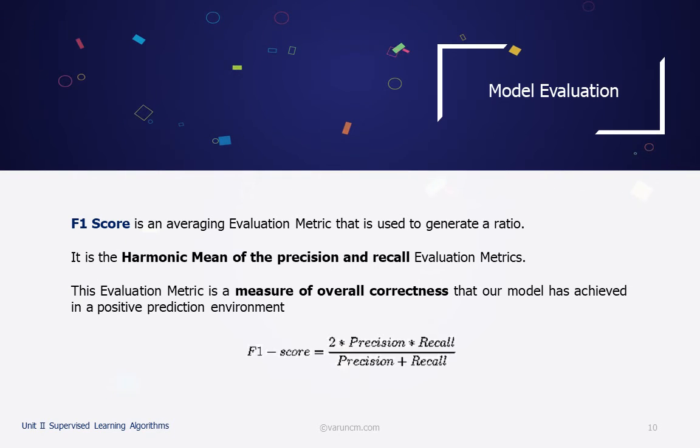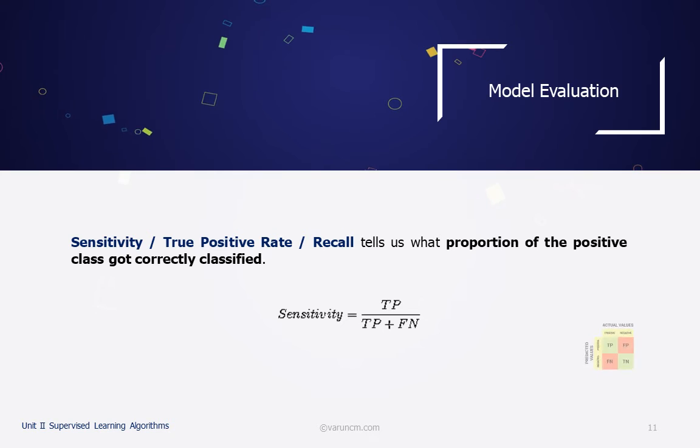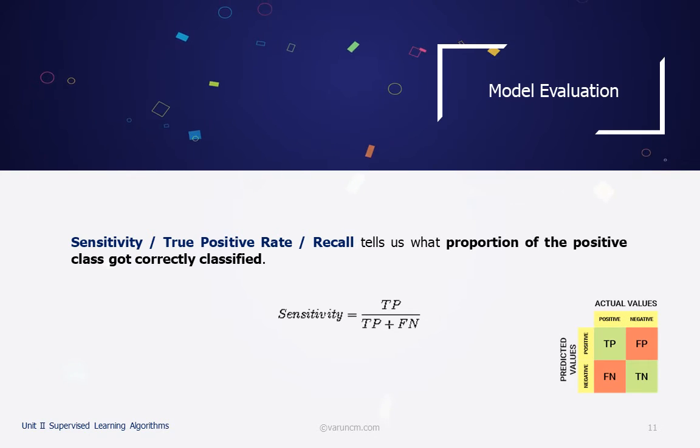Next we have some smaller methods. We could see them one by one quickly. The sensitivity, or true positive rate, or recall. The recall which we have seen earlier can be represented in two different ways, that is sensitivity or true positive rate. So it says what is the proportion of the positive class that got correctly classified.